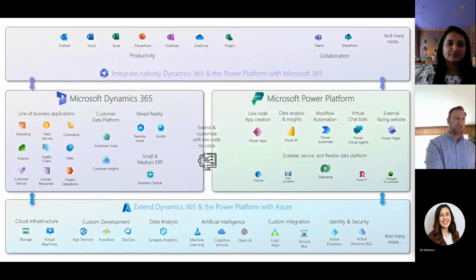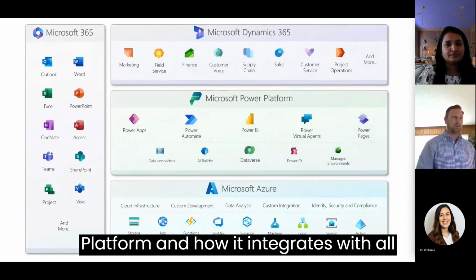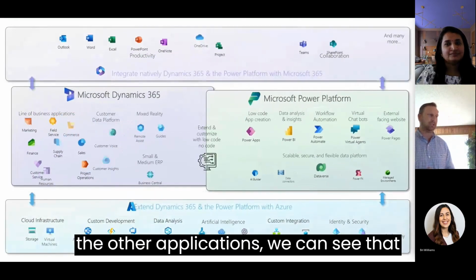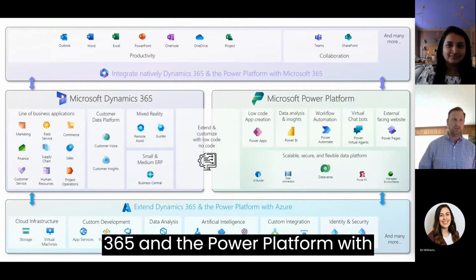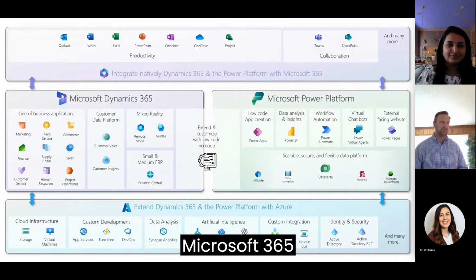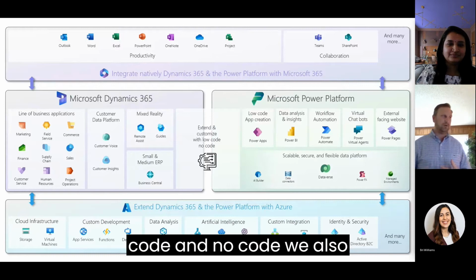So how does the Microsoft ecosystem really use the Power Platform? Well, if we take a look at the Power Platform and how it integrates with all the other applications, we can see that it integrates natively with Dynamics 365 and the Power Platform with Microsoft 365. Extends and customizes with low code and no code.